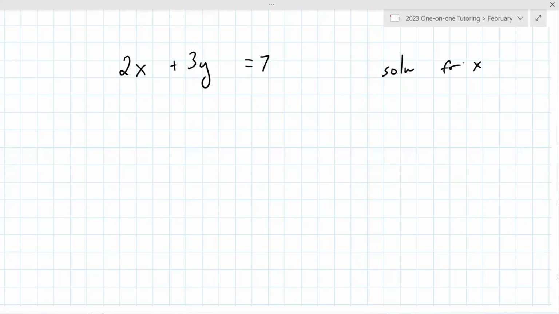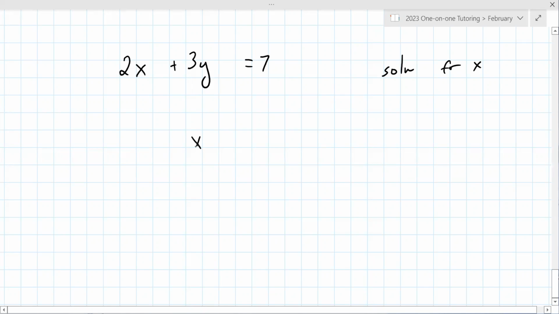X is equal to negative 3y divided by 2 plus 7 divided by 2. Sorry, I did get the sign. We got the plus here. Is that right? Yeah, like that.